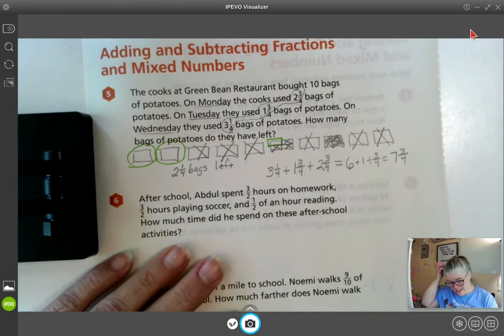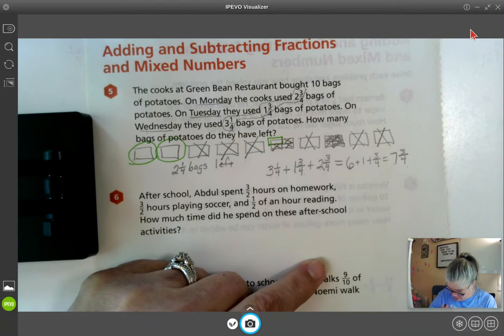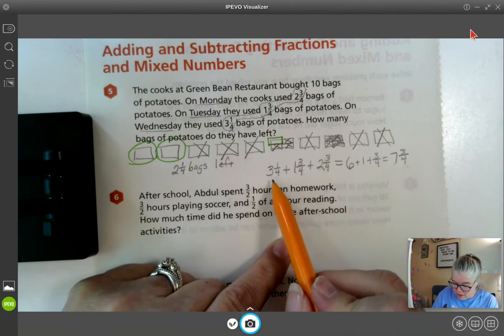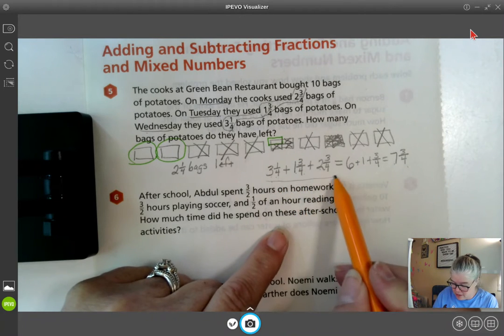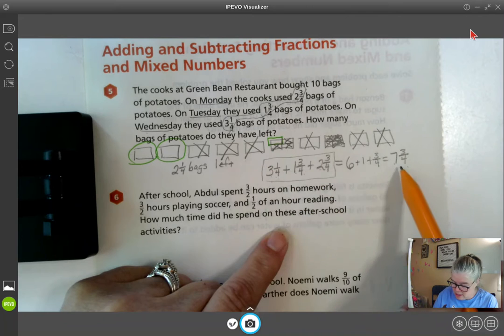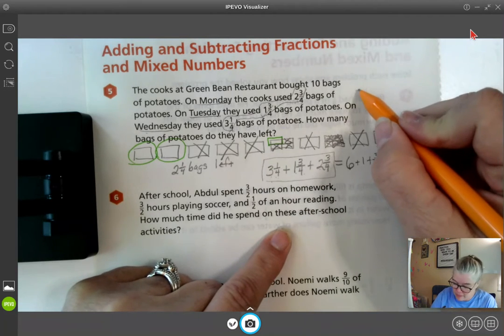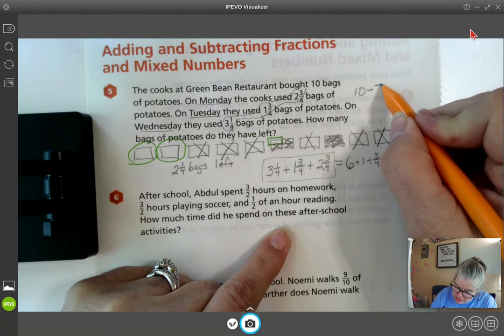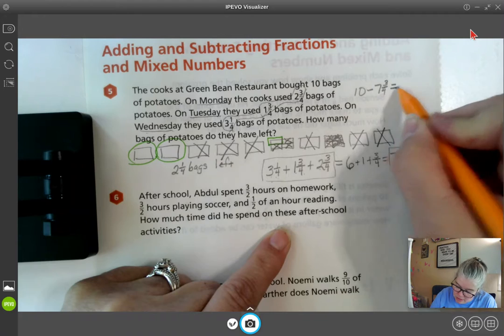So I could think of it as 10 take away 7 and then take away 3/4 more. So, as another strategy besides drawing the picture, I could add them all together, and I got 7 3/4, and then I need to do 10 minus 7 3/4 equals.